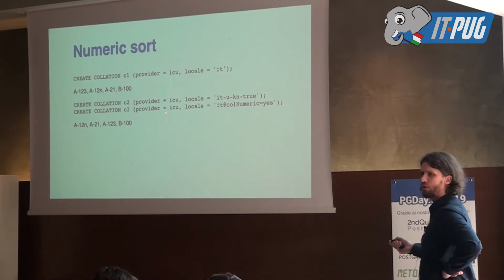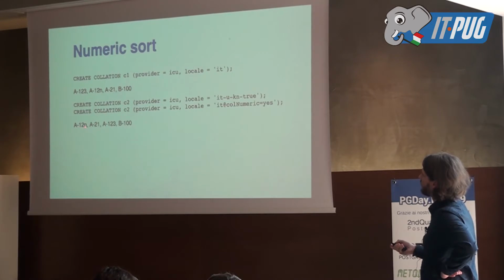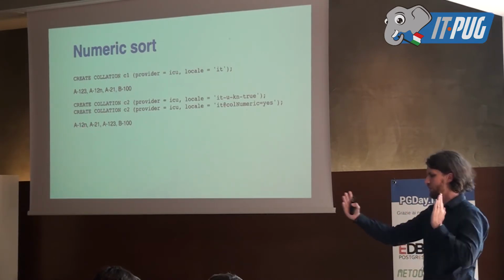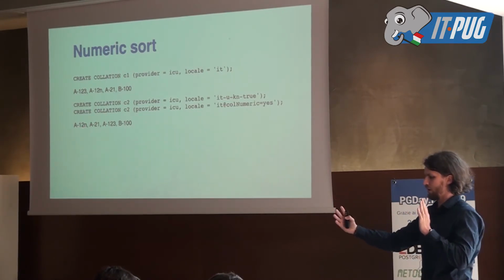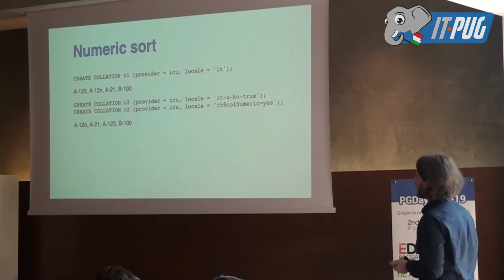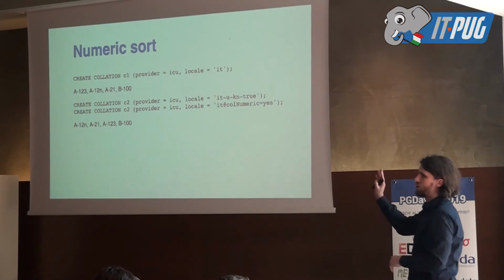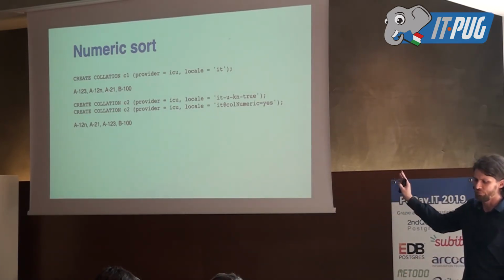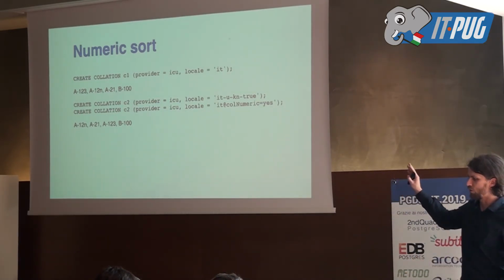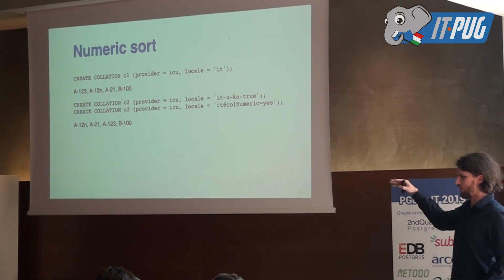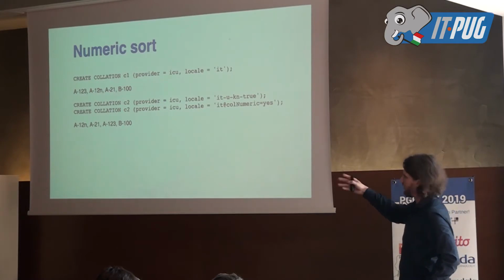So you all understand what's going on here, right? Instead of going character by character, it actually looks at a sequence of digits and then converts them to a real number and compares. So again, this is just there, you just have to use it. And because it's Unicode, this also works for things that are not what we call Arabic numerals, I guess.